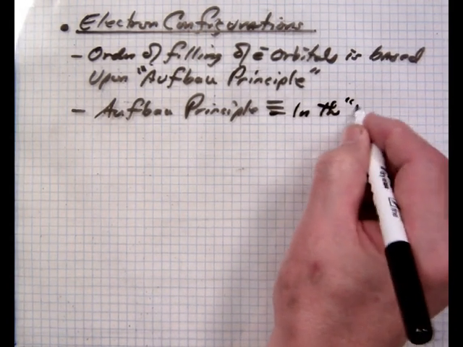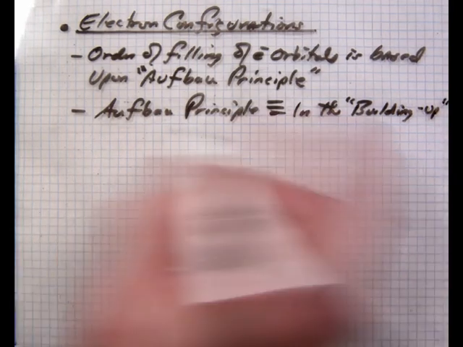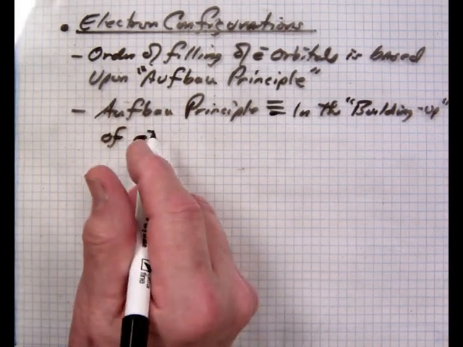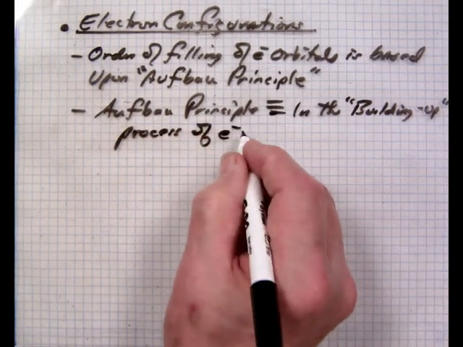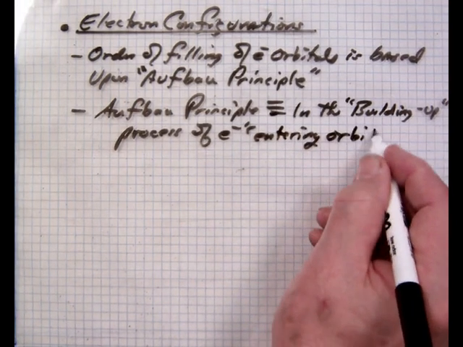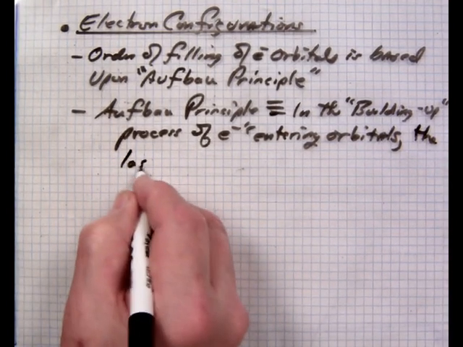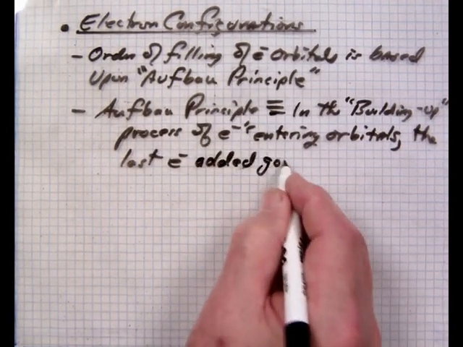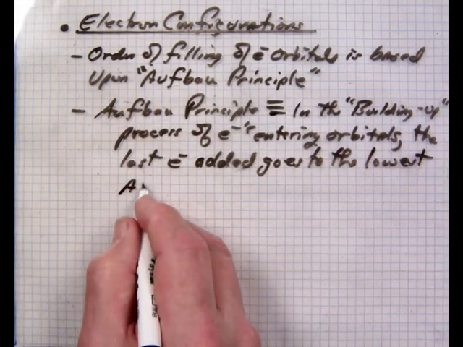In the building up process of electrons entering orbitals, the last electron added goes to the lowest available energy level.